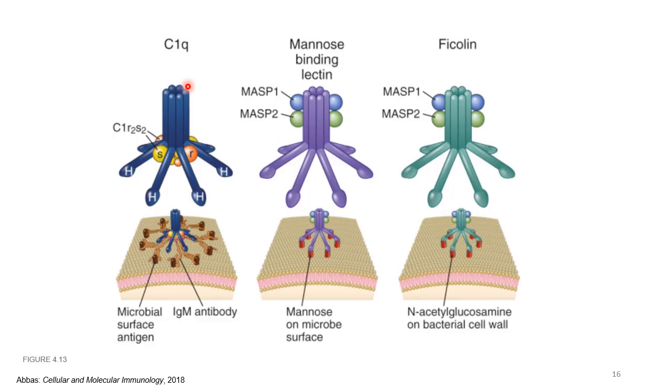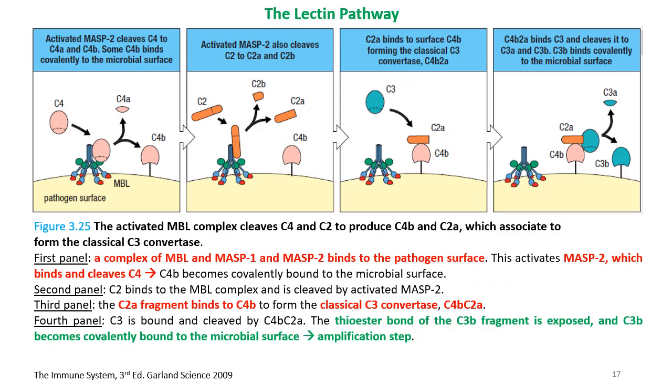All right, so this complex of C1 is actually C1qrs. Okay, so C1qrs, the r and s part, those are your serine proteases. Okay, so here let's see how this thing compares.